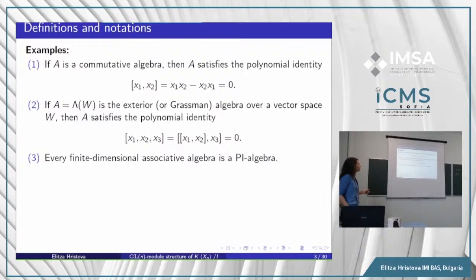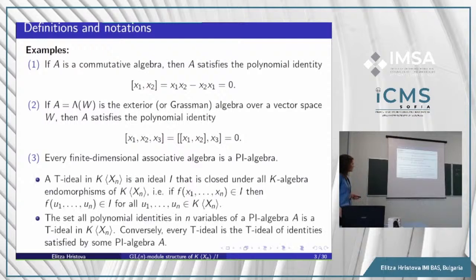So we take the normal commutator of the first two variables, and then again the commutator of the result with the next variable. It is also not difficult to show that every finite dimensional associative algebra is also a PI algebra. So PI algebras are somehow considered to be generalizations of both commutative and finite dimensional algebras.